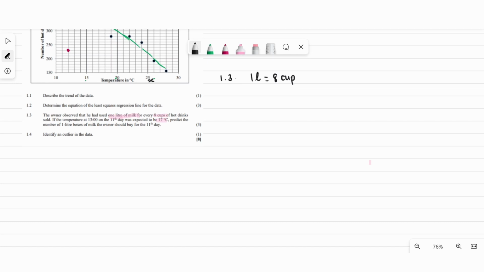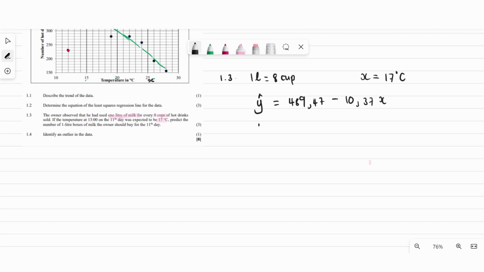We have our equation that we solved from question 1.2, and we know that temperature is X. So our X value here is 17 degrees Celsius. We're going to substitute 17 to find the number of cups, which is what is on the Y-axis. So we're solving for that.